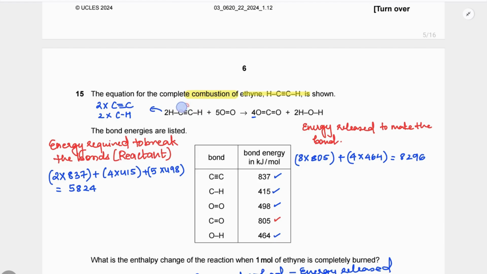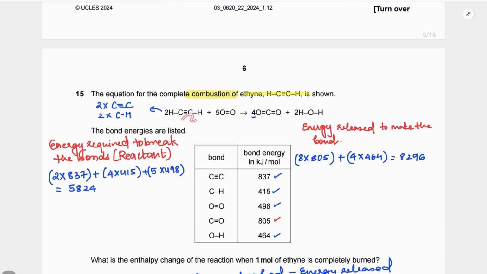So if you would see here, there's a triple bond present. So we will see C triple bond C, which is here. How many do we have? 2. So 2 times C triple bond and 2 times CH bond. Now over here, I'll write 2 multiplied by 837 from triple bond, 4 multiplied by 415, which is going to be CH bond. Why 4?